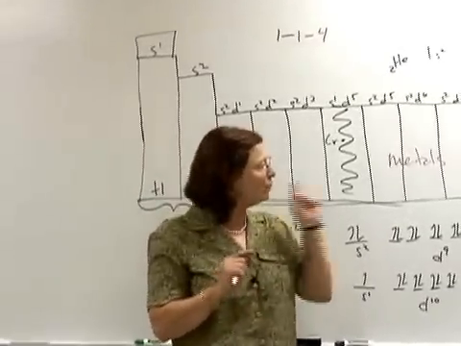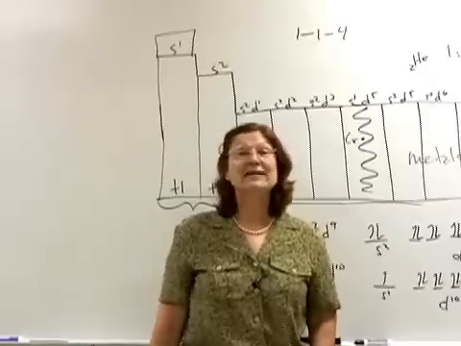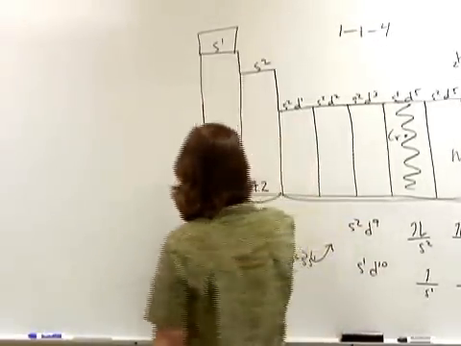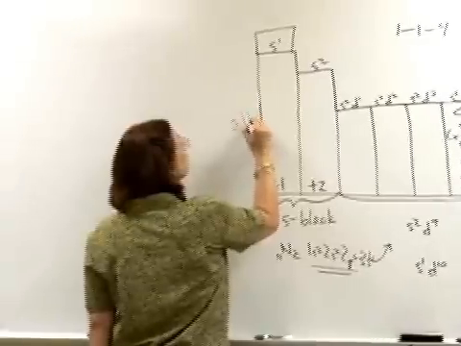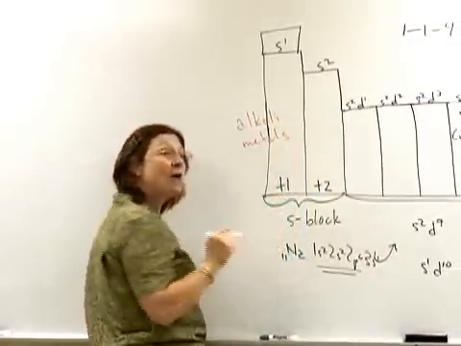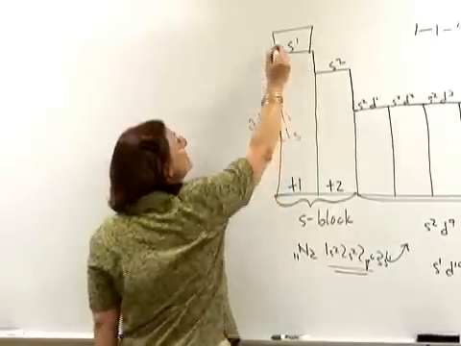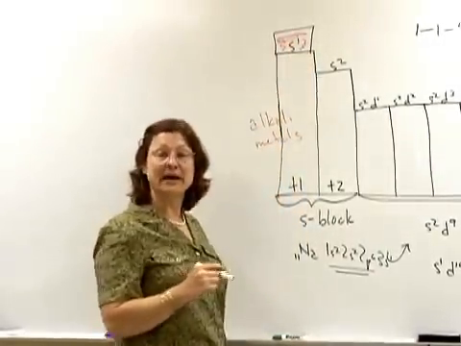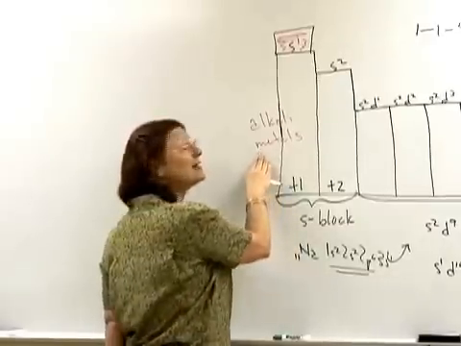I have one more thing to discuss, and that is the family names. The first column, the s1, they're called the alkali metals. However, hydrogen is not in this group. Hydrogen is a non-metal, and therefore it is not an alkali metal.